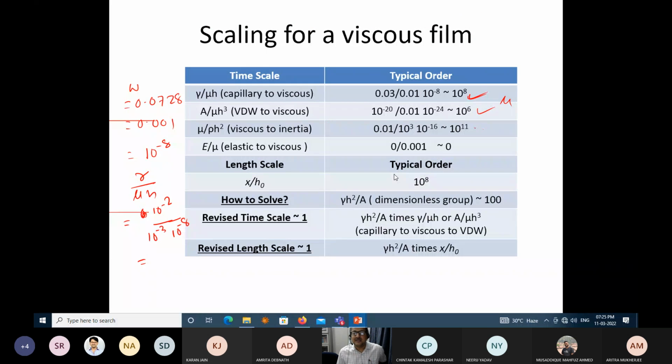You are just cooking up different types of properties and looking at the situation before deciding. Say if you are doing X by H0, the typical order is 10 to the power 8. If you do H0 by X, that is 10 to the power minus 8, and that is your epsilon.